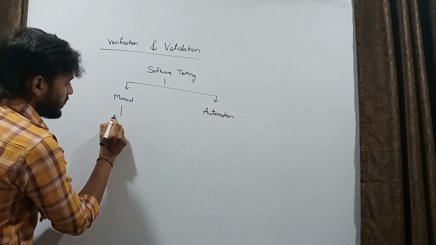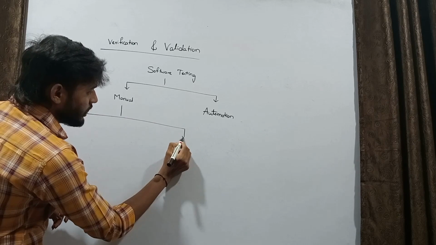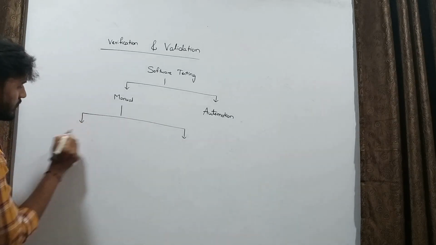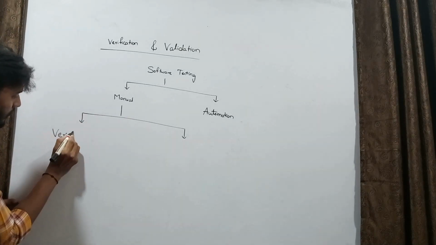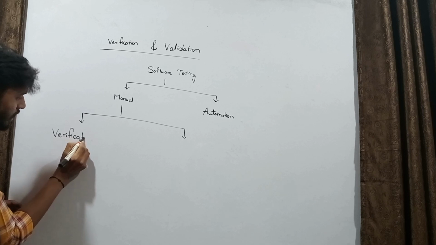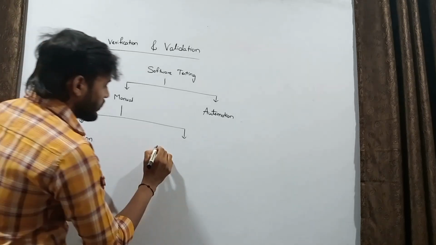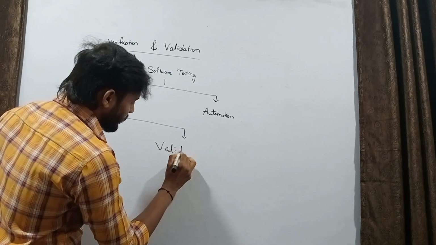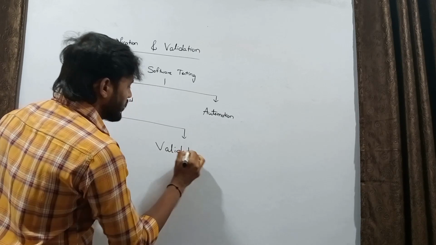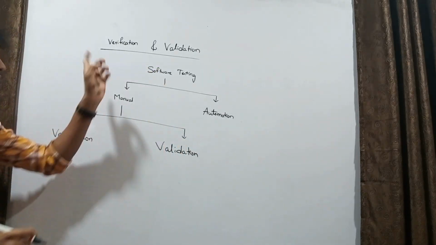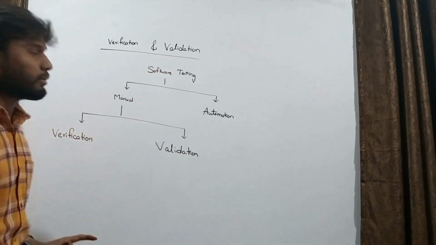Manual testing was divided into two types: one is verification and the second one is validation.